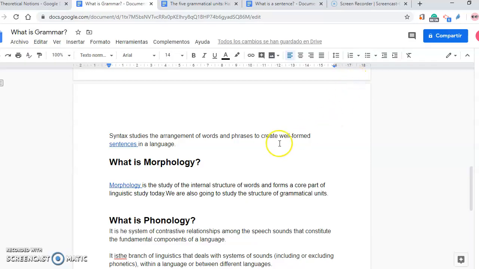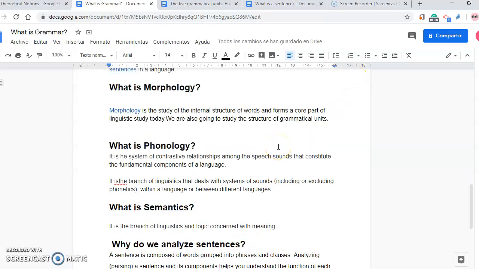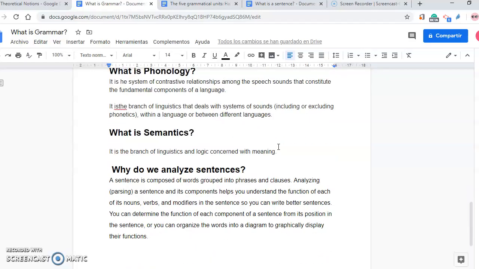And then we've got phonology. I included this here because it is part of linguistics, and it was mentioned before, in which we study systems of sounds and how to pronounce those sounds when we are talking about pedagogically phonology and phonetics. Semantics, that has to do with meaning.